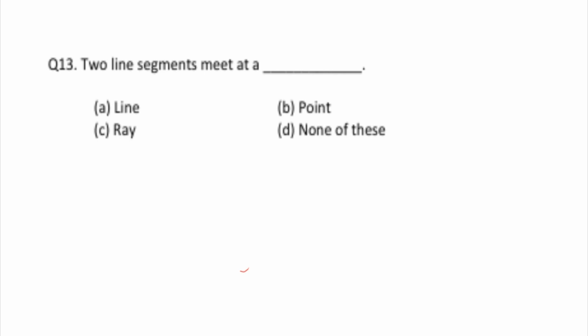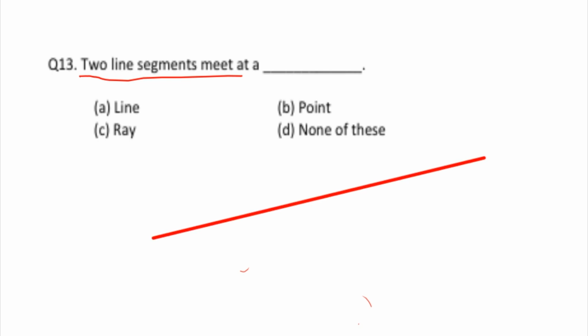The two line segments meet at a, let's see the two line segments. As you can see, this is one line and this is another line. You can see that the two lines are meeting here at this point.